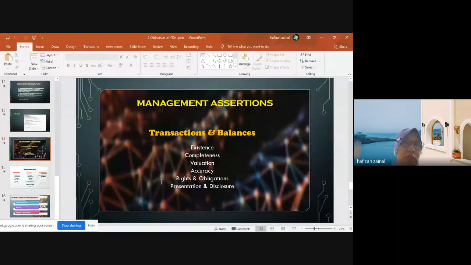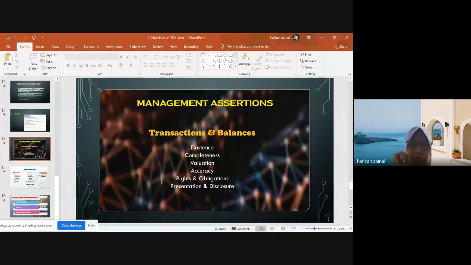You have to disclose the cost value, the accumulated depreciation, the asset net book value, etc. So there is a certain format the company has to follow for disclosure and presentation of their financial statements.